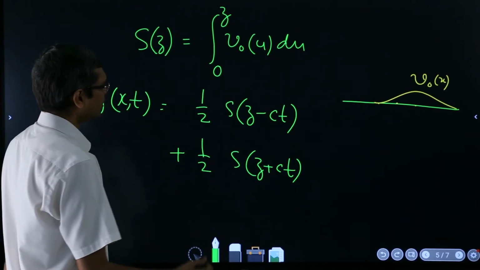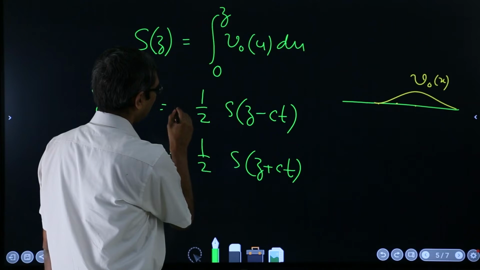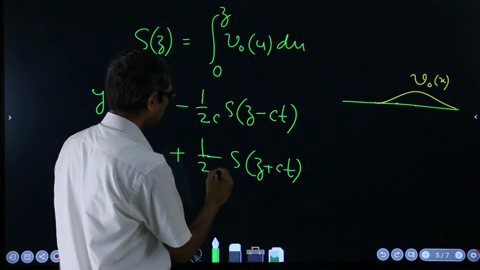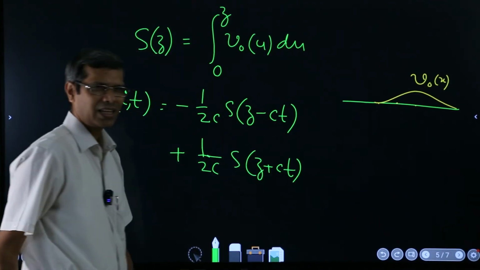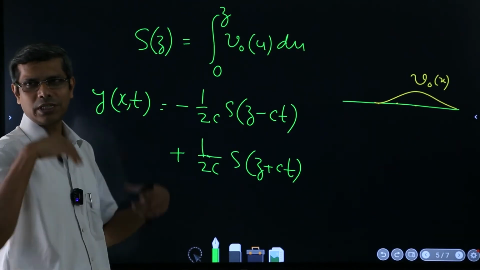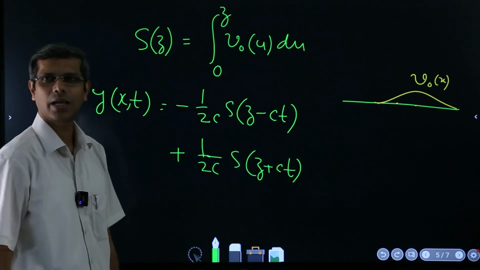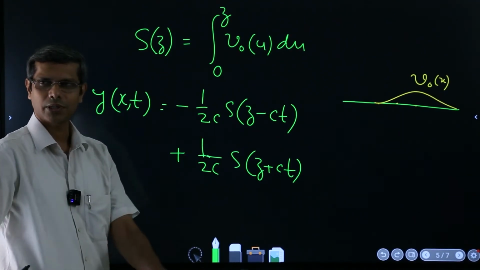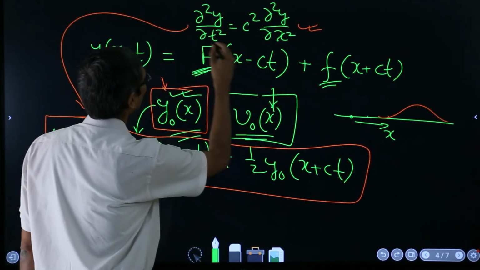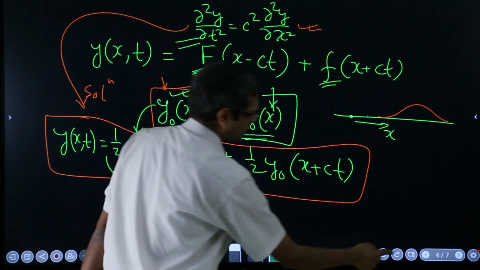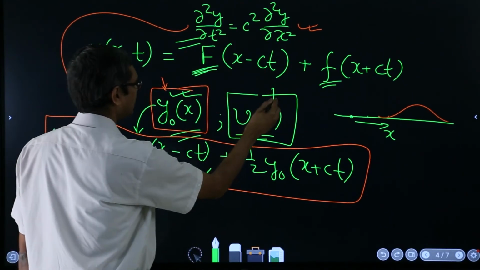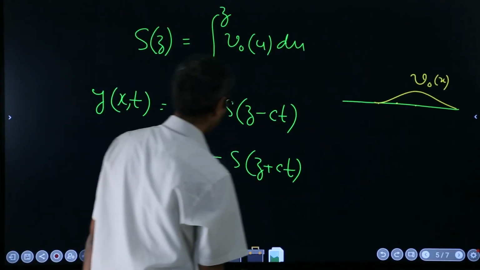A minus 1 over c comes here, and a plus 1 over c comes here, because they are the time dependence coefficients in a way. So he just invented that if you take this, he gave it. Now this will be a solution to this differential equation with this initial condition. You get this.